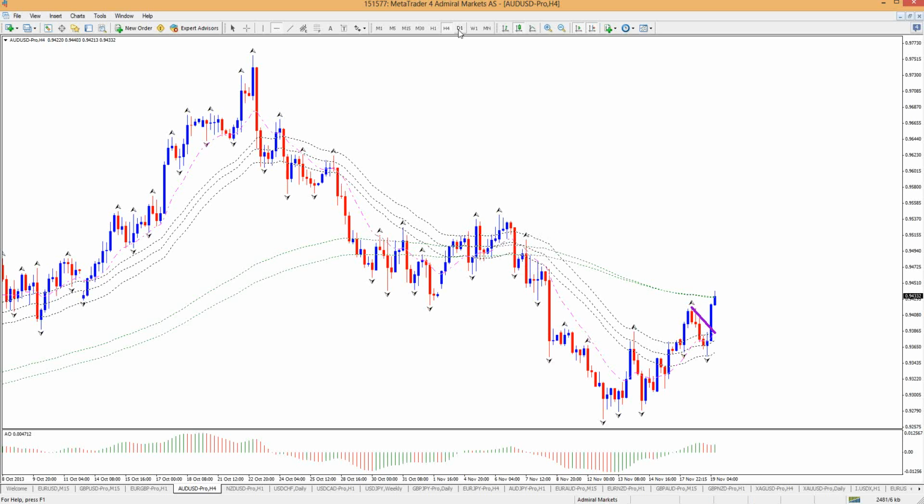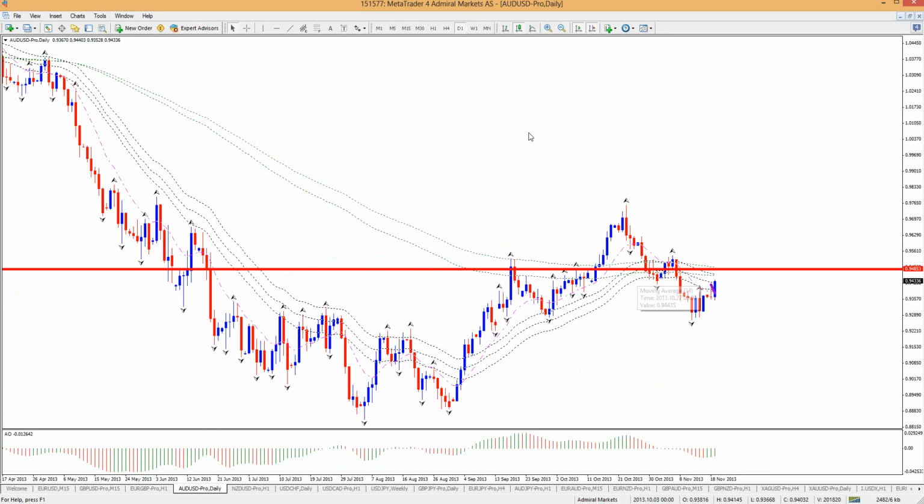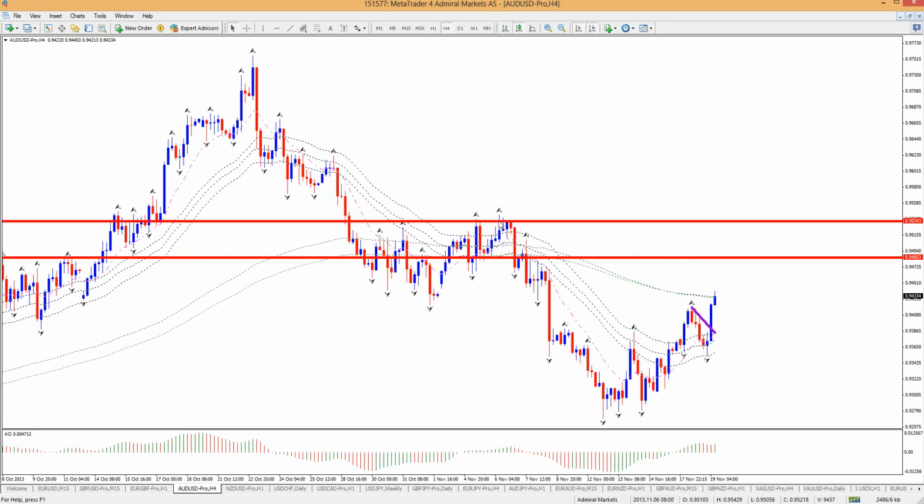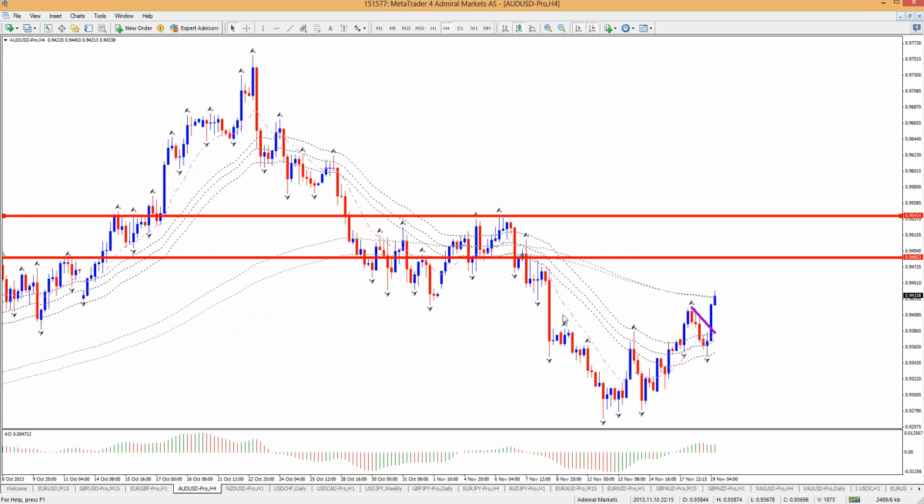Especially a level like this could be resistance when we approach these tops, of course.